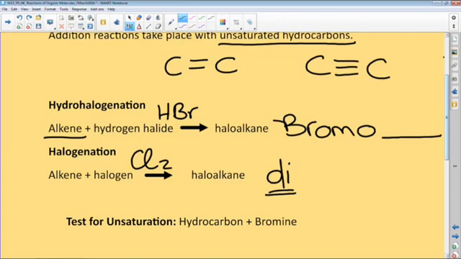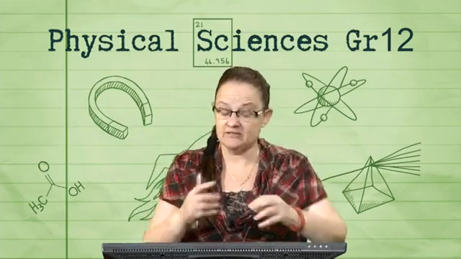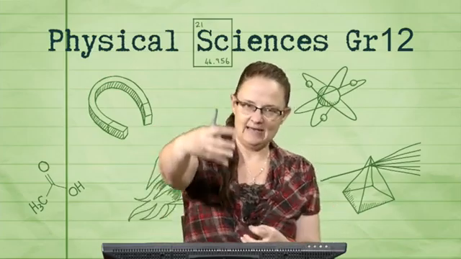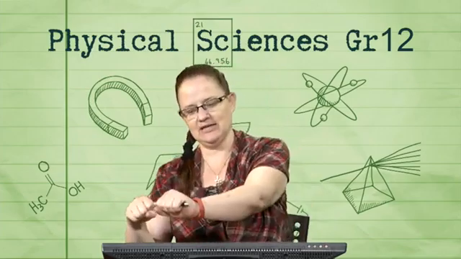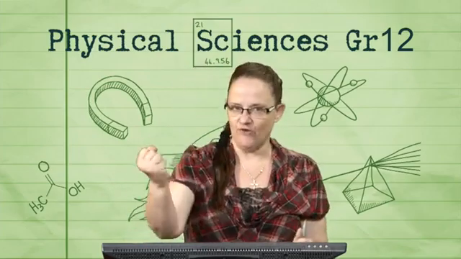Your alkenes and alkynes are very reactive because of the double and the triple bond. So an addition reaction takes less energy than a substitution reaction. That means that when I add in compounds, because I'm not removing something to add something else in, it can happen faster.